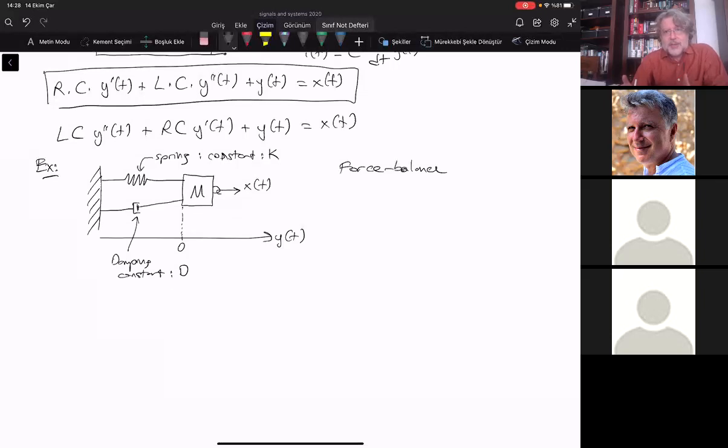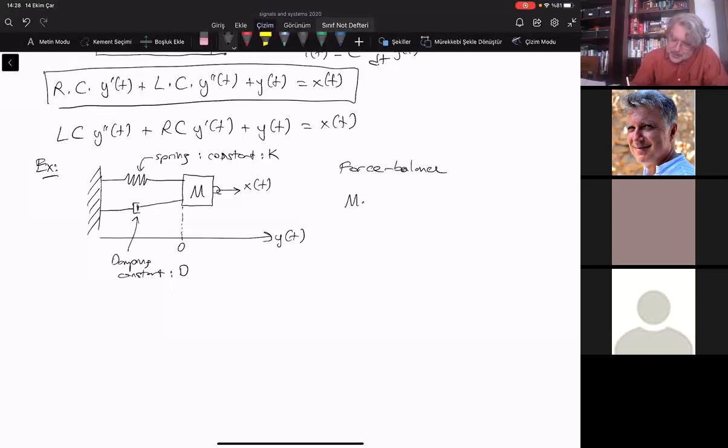Does any of you know the definition of force? What is force with respect to mass? Mass times what? Acceleration, excellent. Mass times acceleration is the force.